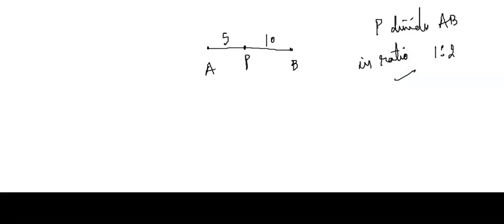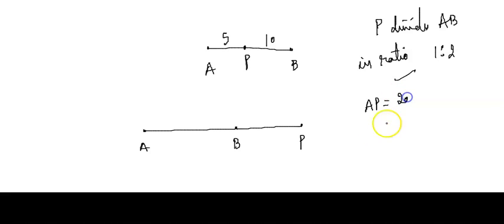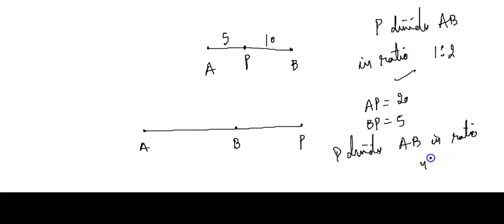But if AB is like this and P is somewhere here, such that AP distance is 20 and BP is 5, then we can say that P divides AB in ratio 4:1 externally.